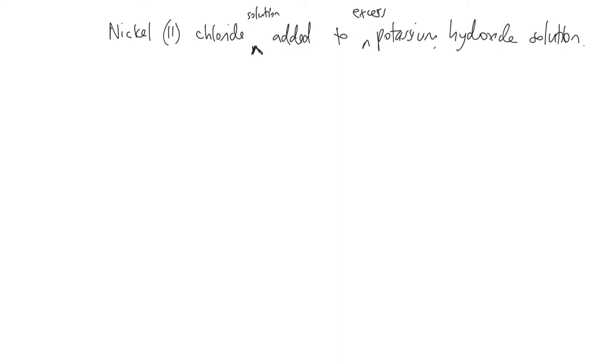What have we got? Nickel 2 chloride. What's the formula for nickel 2 chloride? NiCl2 aqueous plus excess potassium hydroxide. What's the formula for potassium hydroxide? KOH aqueous goes to KCl plus Ni(OH)2.